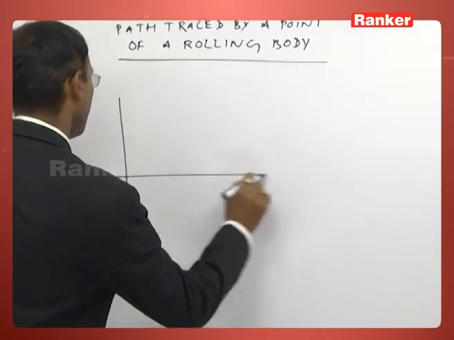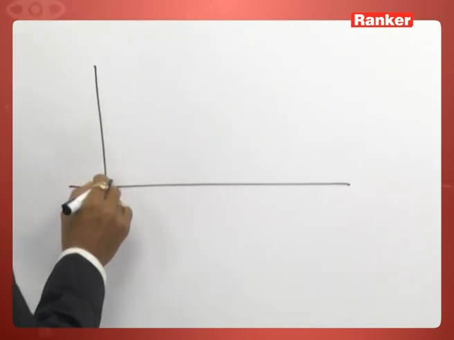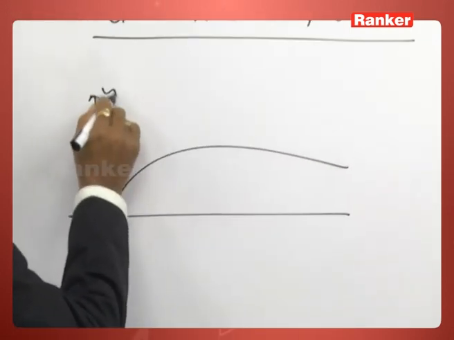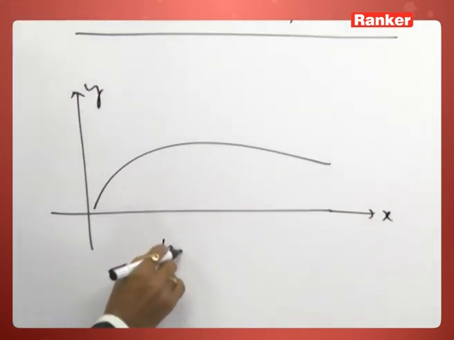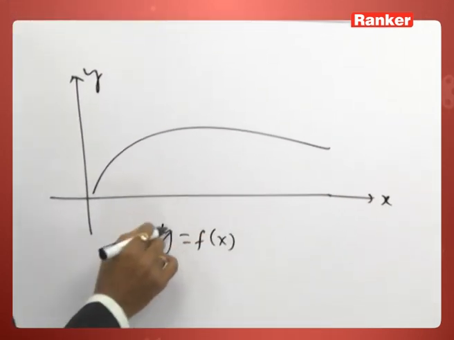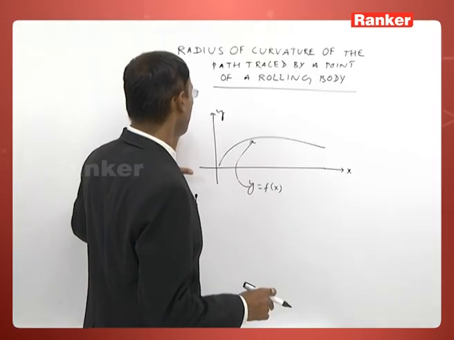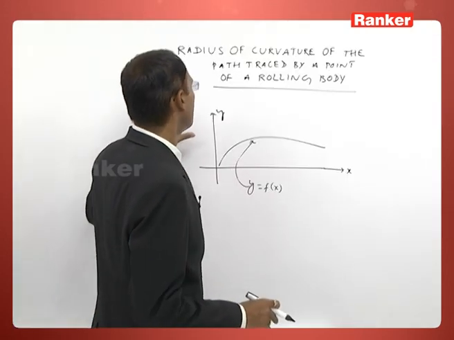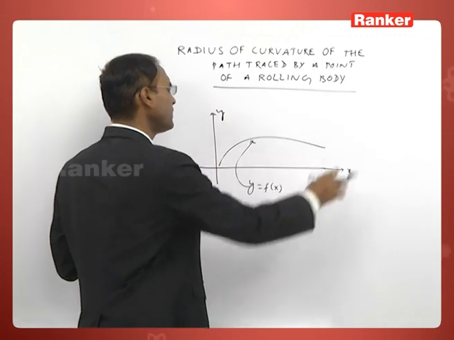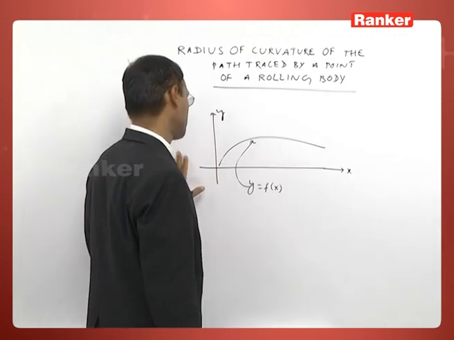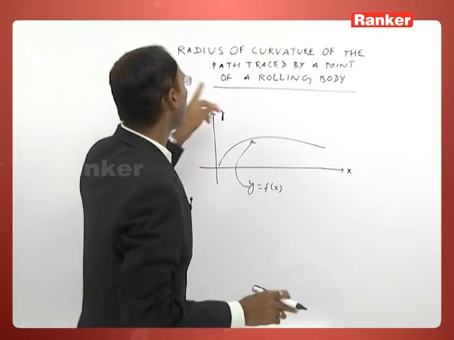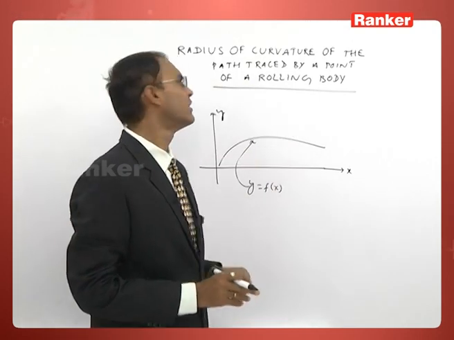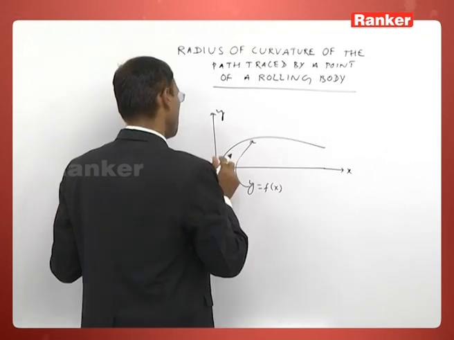If a curve is given, y as the function of x, after the concept of rolling of a rigid body, let us find the radius of curvature of the path traced by a point of a rolling body.